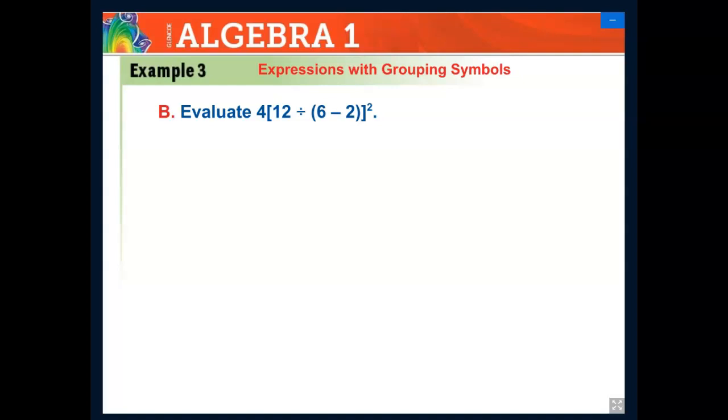You guys want to try the last one on your own? Make sure you can do the homework. We want to do one more together. Alone or together?